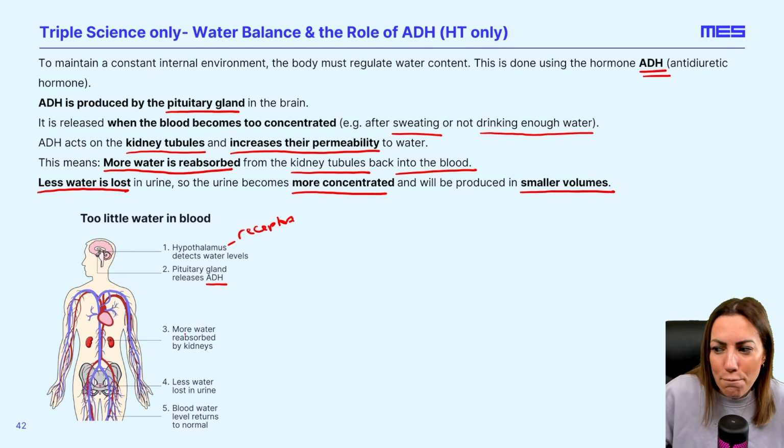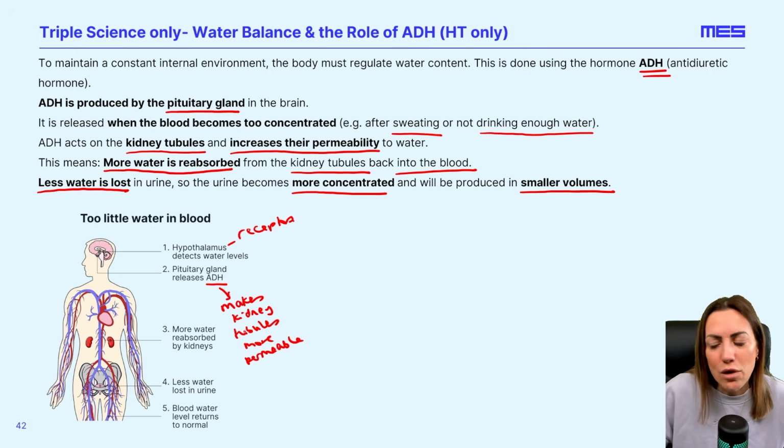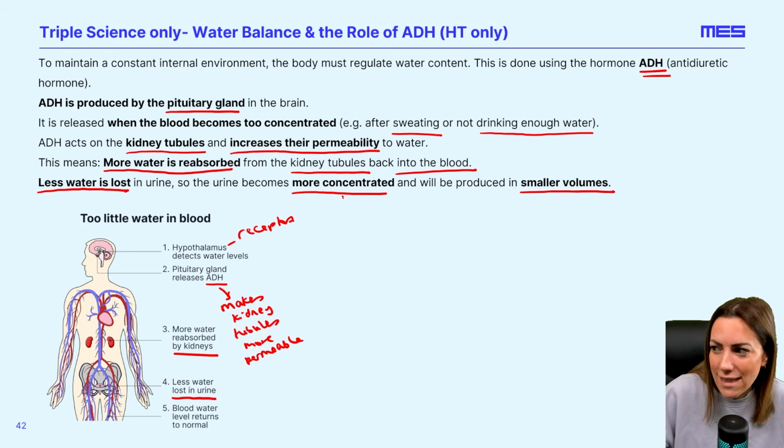That will lead to more water being reabsorbed from your kidneys, because ADH makes kidney tubules more permeable to water. So if the kidney tubules are made more permeable to water, more water will be reabsorbed from the kidneys, which means less water will be lost in your urine, which is why we said urine is more concentrated and there's smaller volumes of it. And that will return your blood water levels back to normal.